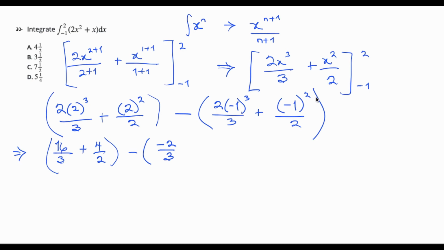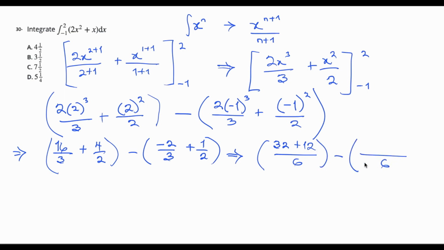And minus 1 squared is equal to 1, so we have plus 1 over 2 here. So if we evaluate the first bracket here, we have an LCM of 6. So 6 divided by 3 is 2. 2 times 16 is 32. 6 divided by 2 is 3. 3 times 4 is 12, plus 12.